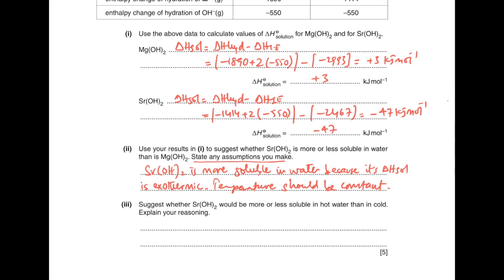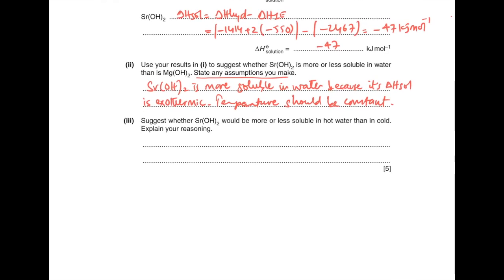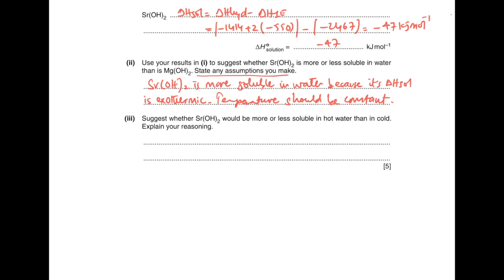Then he says to suggest whether strontium hydroxide would be more or less soluble in hot water than in cold. Now guys, can you see that strontium hydroxide basically attains equilibrium at its saturation point, where we write this equilibrium. Now this value is exothermic, as you saw.